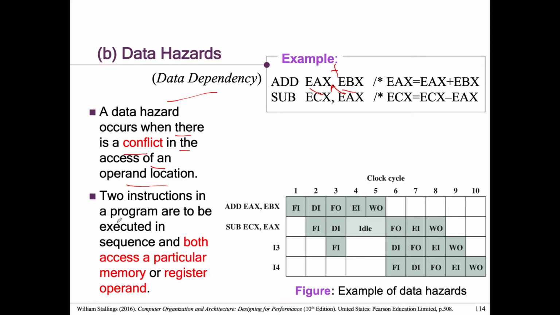Two instructions in a program are to be executed in sequence, and both access a particular memory or register operand.